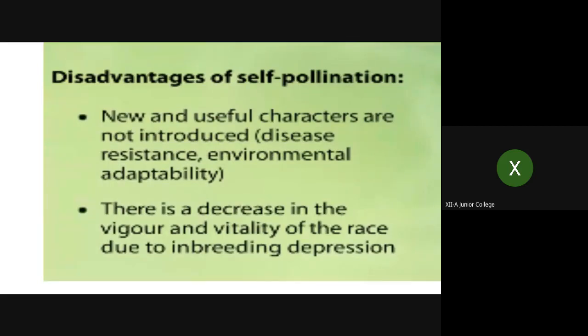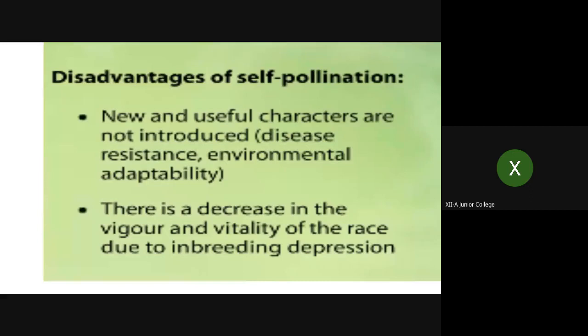For example, disease resistance capacity. Generally, in the case of self-pollination, if the plant itself has its own disease resistance capacity, then it is well and good, but if it is not there, it can't be introduced in self-pollinated plants. And the second is environmental adaptability.